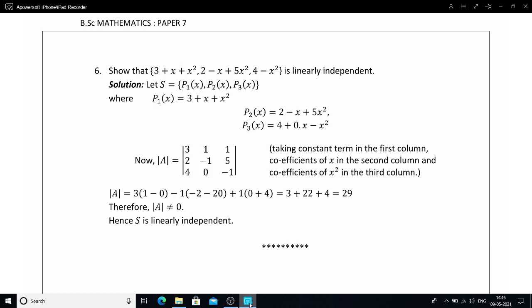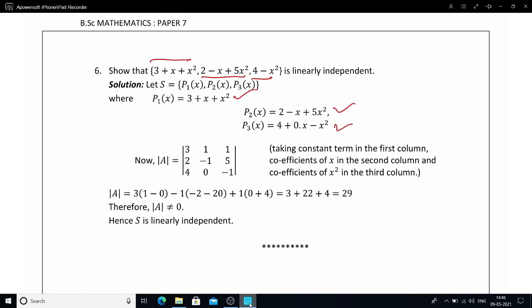The last polynomial is of the form 4 minus x square. First, we have to complete the polynomials. The first one is complete, the second one is complete. The third one is not complete. Here x is missing, therefore we write the last polynomial as 4 plus 0x minus x square.